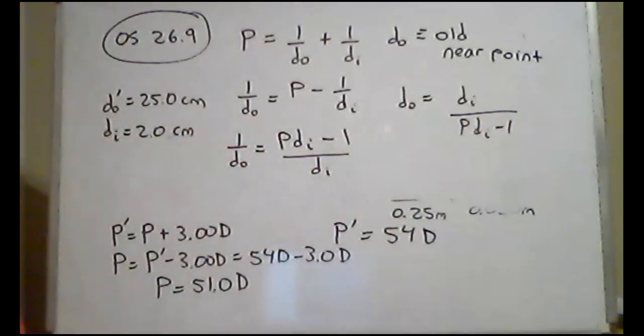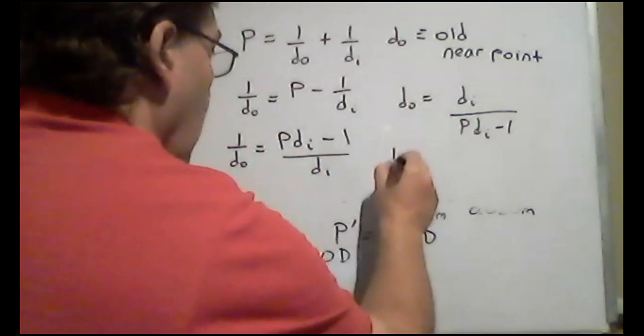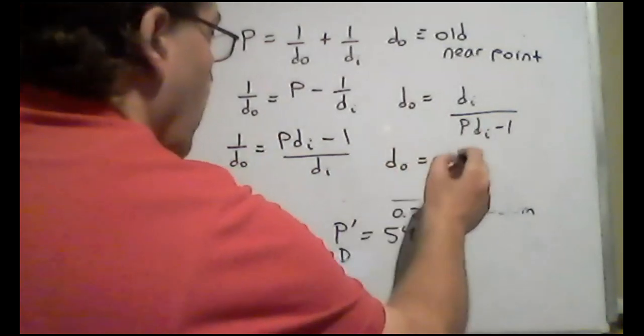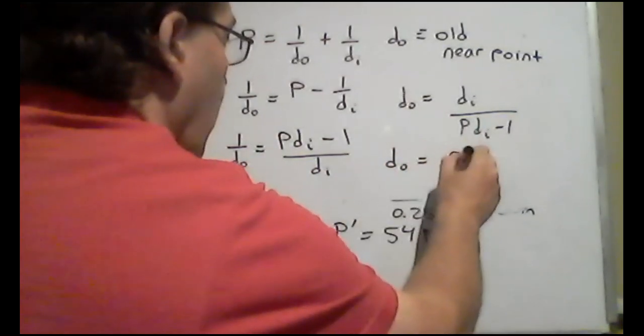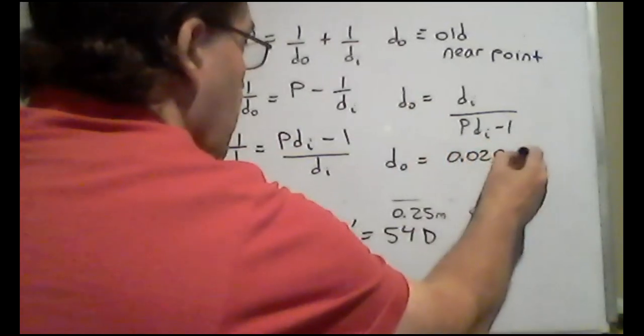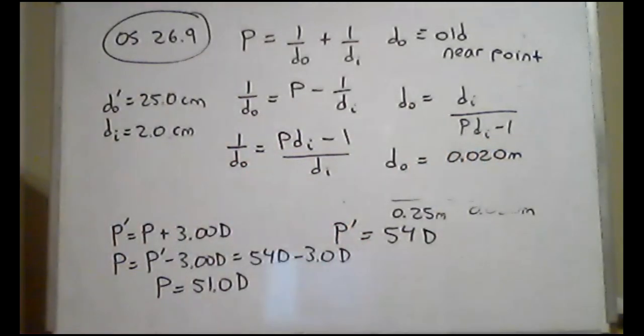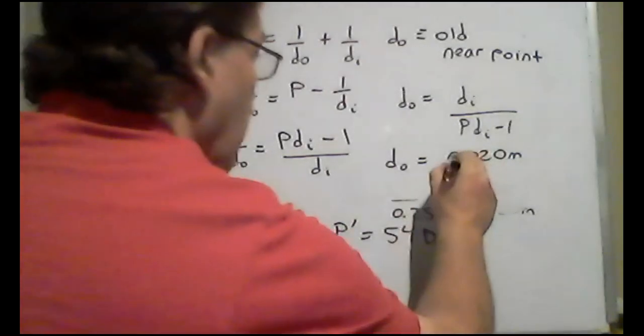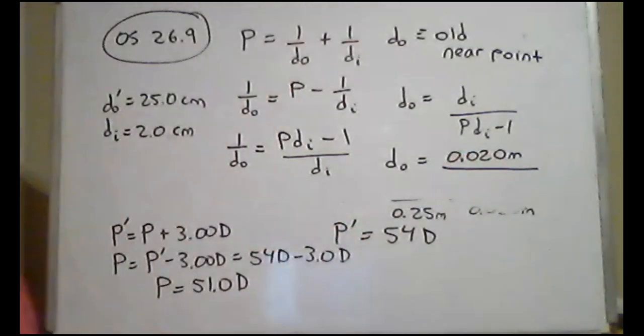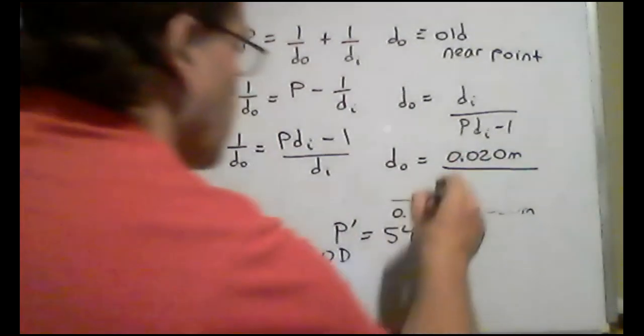All right, plug in some numbers. So my old near point: we have 0.020 meters, that's the lens retina distance of the human eye, divided by, okay, so we know he walked in the office at 51 diopters.